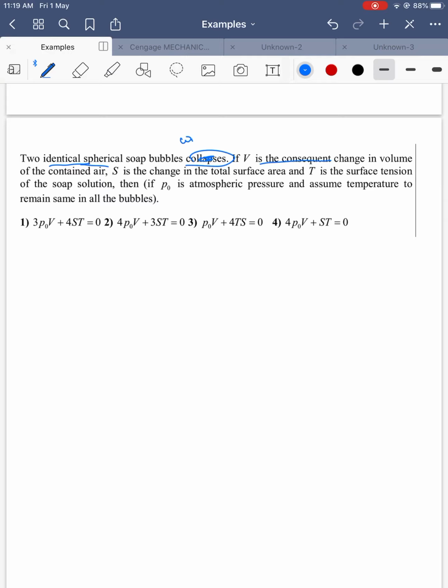Change in volume means final volume minus initial volume, that is V, and the change in total surface area is S, which is final surface area minus initial surface area. T is the surface tension of the soap.